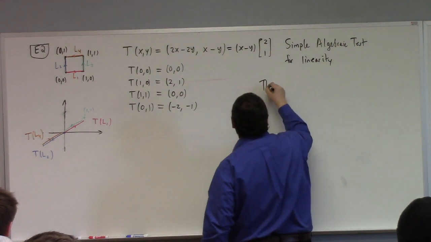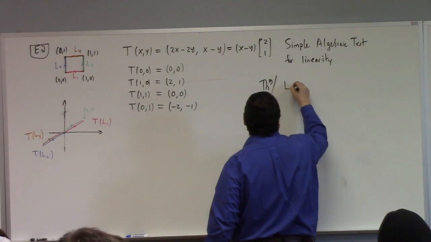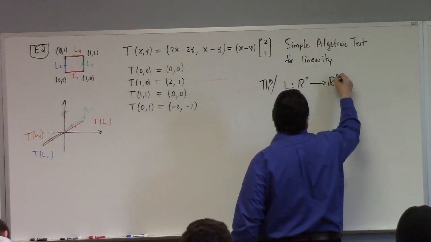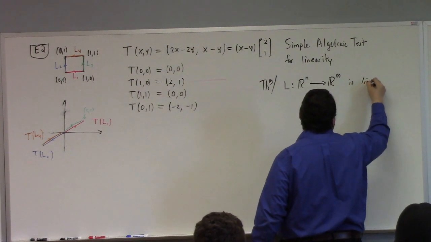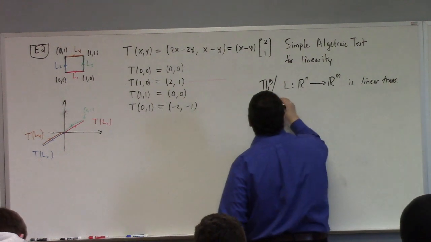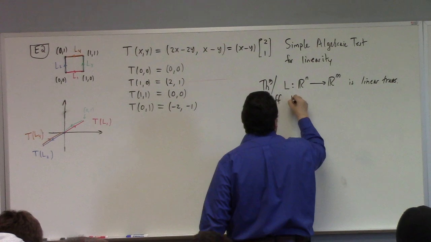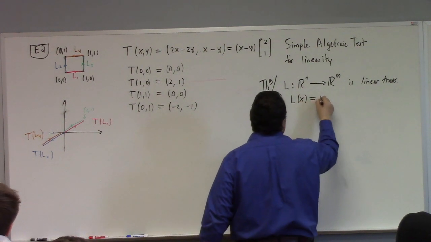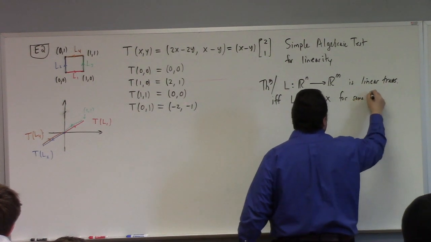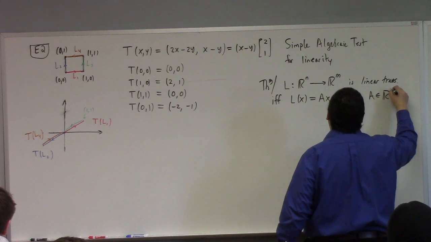There's basically just a theorem here which says the following: L from Rn to Rm is a linear transformation if and only if L of x is equal to Ax for some A in R, n by m, rather.